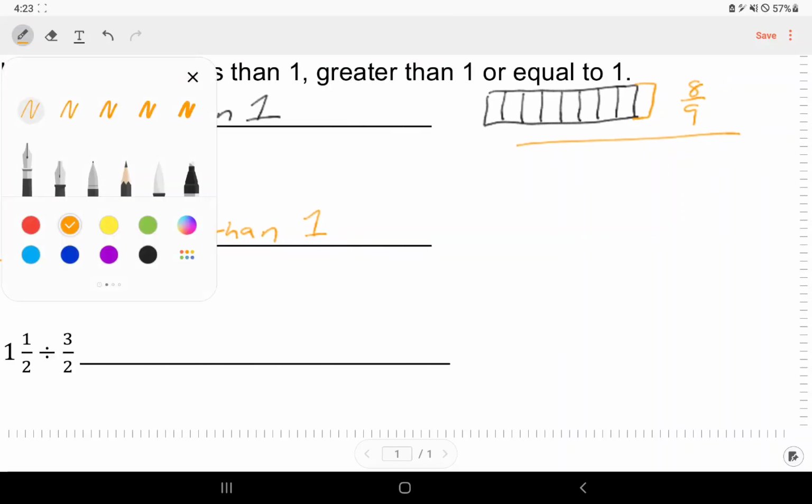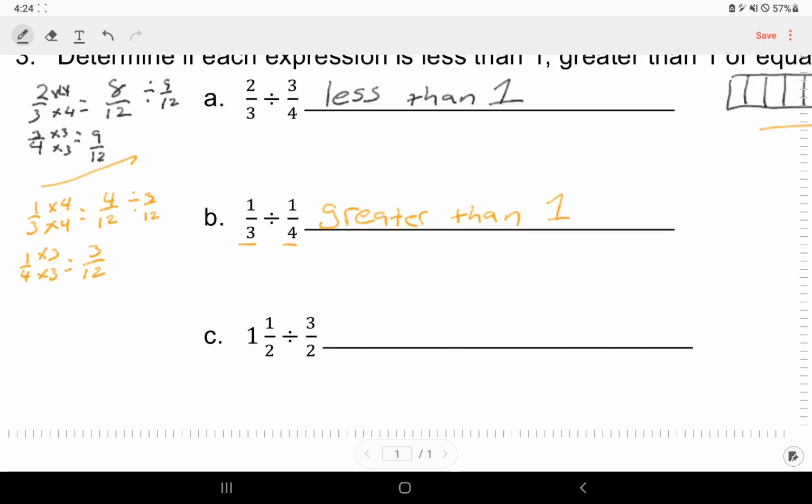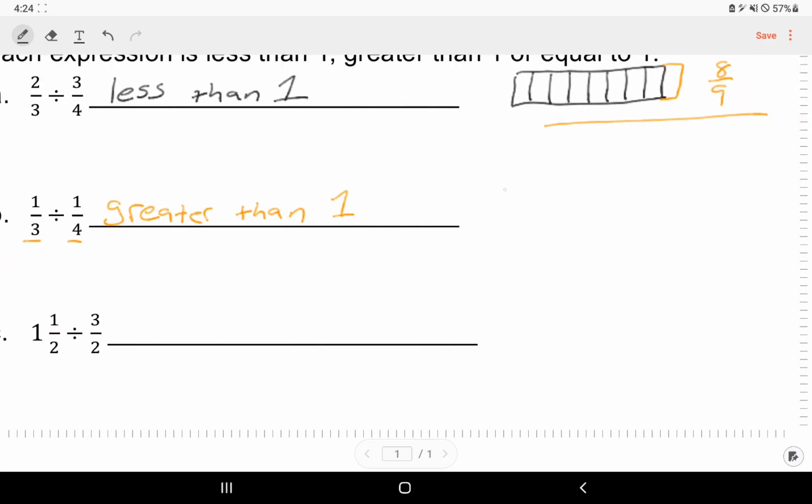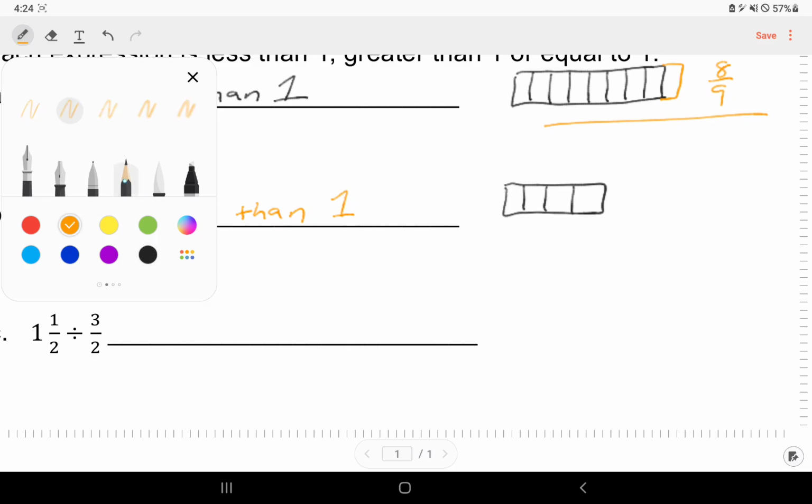And so again, as a tape diagram, I need 12ths, but I only need 4 of them. And so if I do my shading, I need groups of 3.